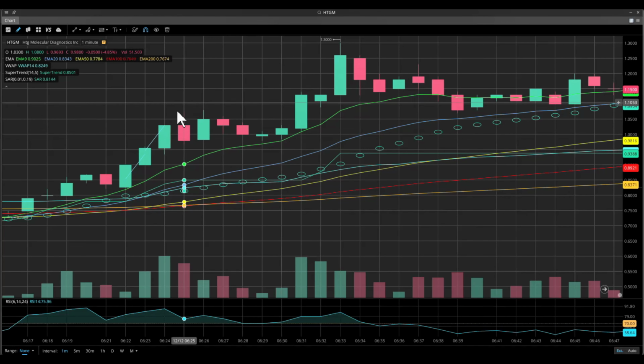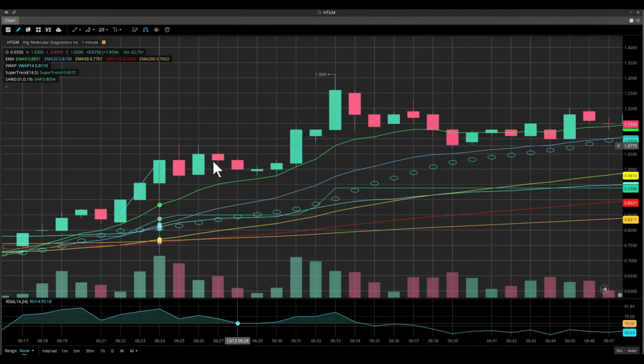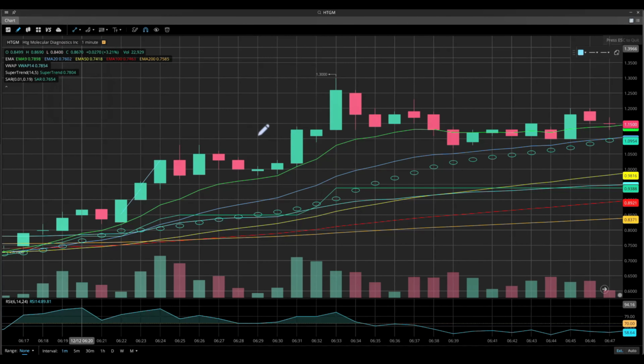Or pullback as well. It's not really a pullback because the EMA 9 caught up to price, not price pulled down to EMA 9, which is good. This is what I would like to see compared to the price pulling back down. The price starts to go back up again.